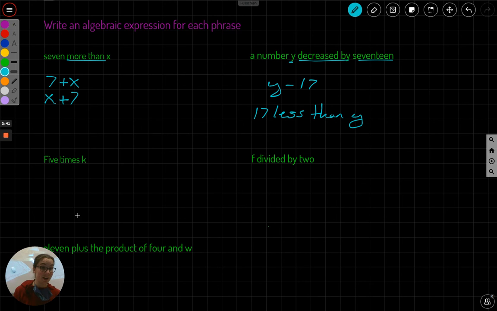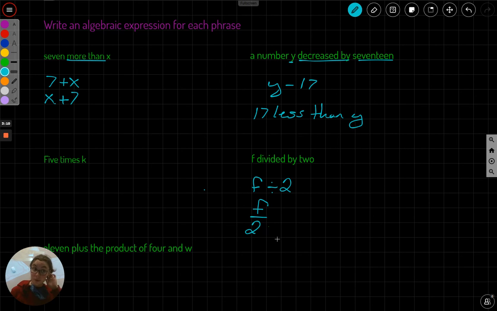Now, here we go again. Let's do division first. It's very exciting for division. It gets to go first. Woohoo! F divided by 2. There are, again, 2 ways to write this, not because of the commutative property, but because of how we write division. I can do this very simple way, F divided by 2, or I can use the fraction bar way, which we've just learned recently, which would be F over 2.